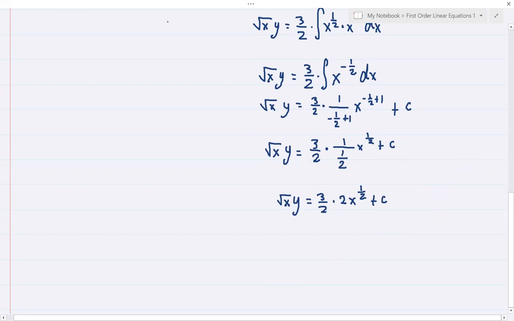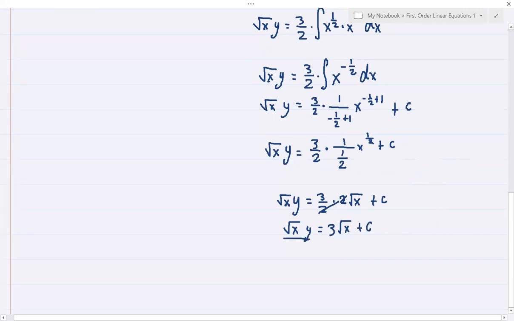So we can now have x raised to 1 half into square root of x. Okay? We can rewrite x raised to 1 half as square root of x. And we can cancel out further. We will have square root of x times y is equal to 3 times square root of x plus c.